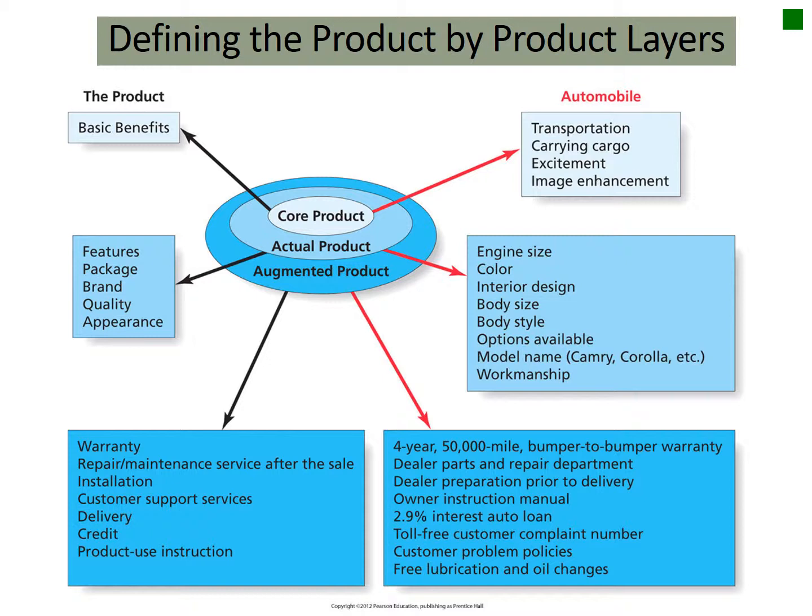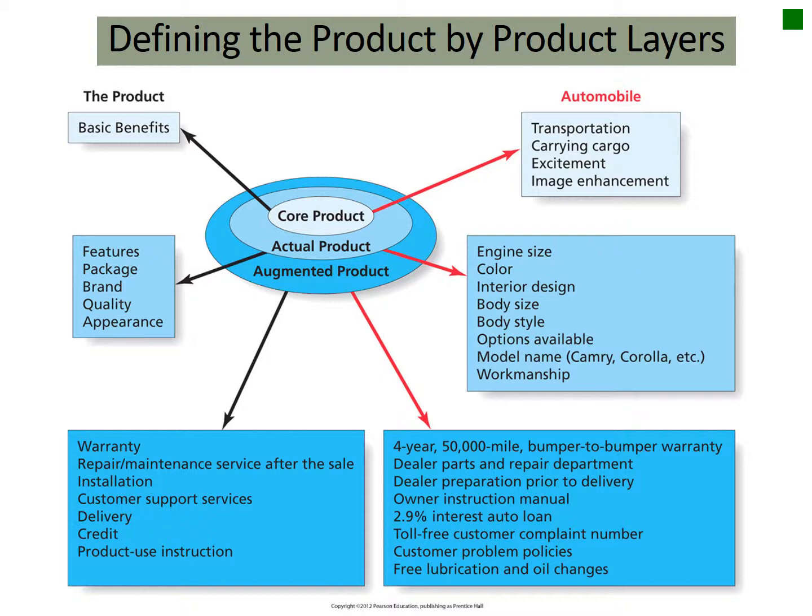The way this has been defined in the past is as the inclusion of three different product levels: the core product, the actual product, and the augmented product. The core product is what the basic benefits are of the product that are going to be delivered to the customer. So the basic benefits would suggest the need or the want that the customer has.